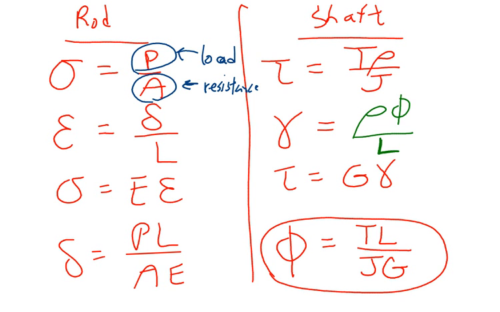Okay? So what is your load for the shaft? It's torque, right? The amount of torque you apply is directly related to how much stress you're going to get. It's the load that you're applying. What is the resistance? Well, we just said that when you twist a shaft, the cross-sectional area rotates, and the resistance to that rotation is your polar moment of inertia. That's J. So there's your resistance.